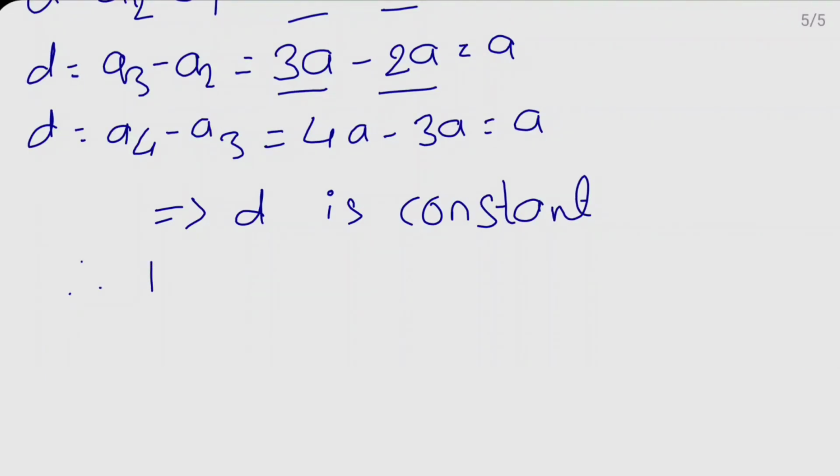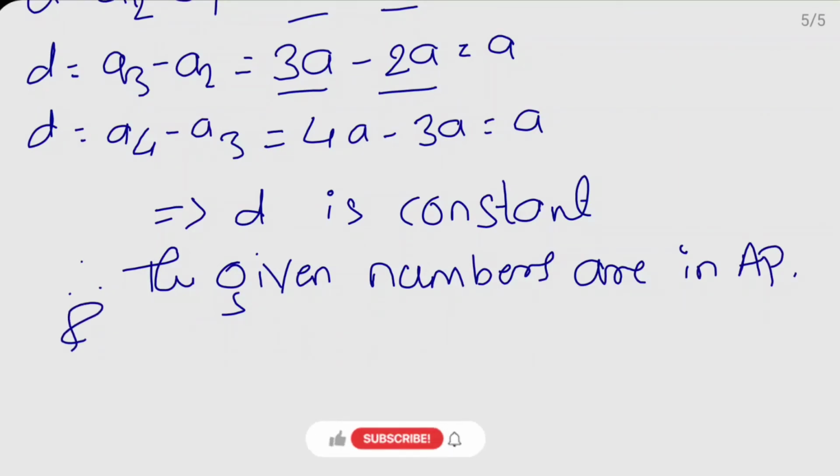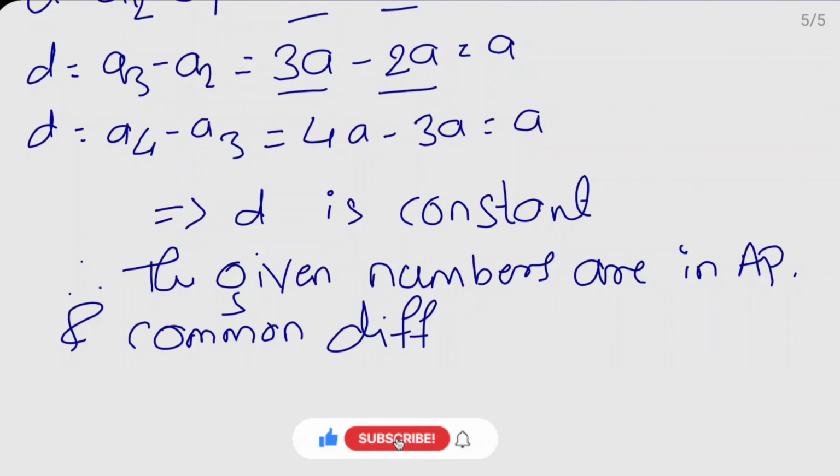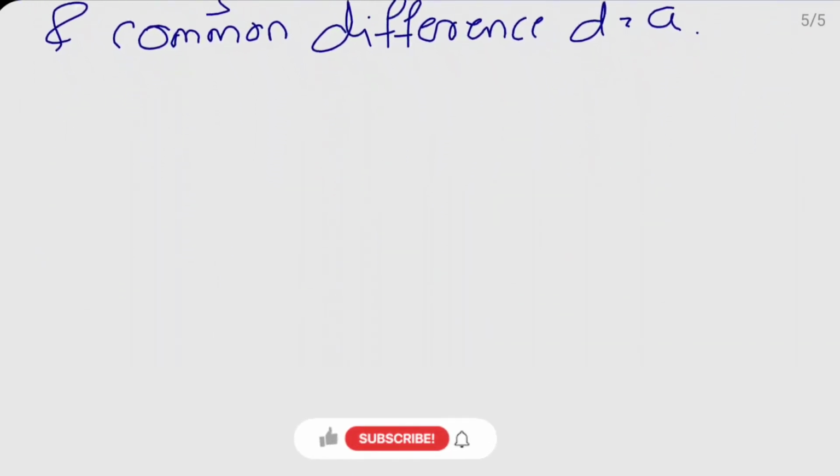Therefore the given numbers are in AP, and the common difference D is A. And write down the 3 more terms.